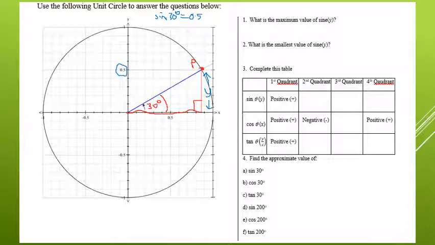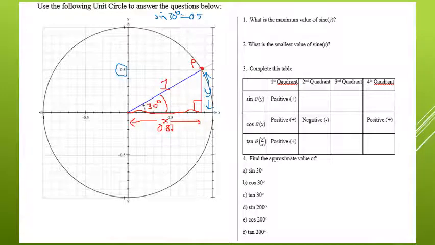The x value of point P, the length of this line down here, is what we call the cosine of the angle. Cosine of 30 degrees, we read off our scale here, is approximately 0.87. Keep in mind we're talking about the unit circle here, so the hypotenuse is 1.